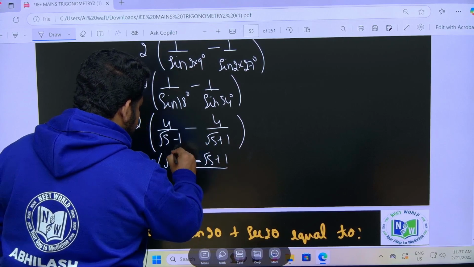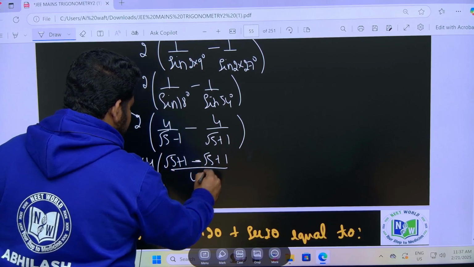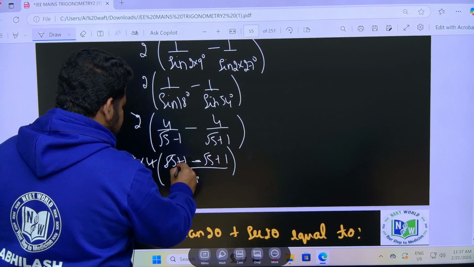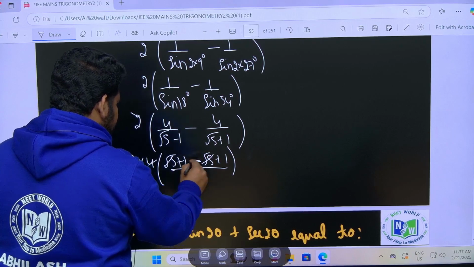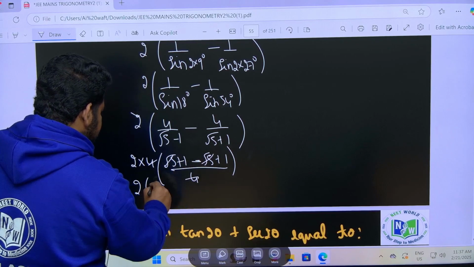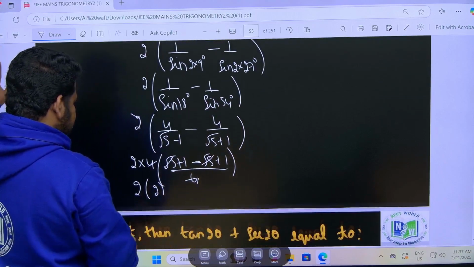This will be root 5 into root 5, which is 5, and 5 minus 1 is 4. So I can cancel the 4. Then root 5 and minus root 5 cancel. So what I am left with is plus 1 plus 1, which is 2. Then 2 into 2 is 4. The answer to this question is 4, friends.